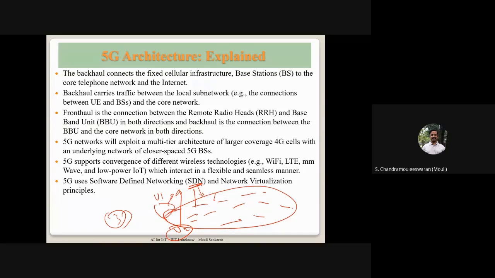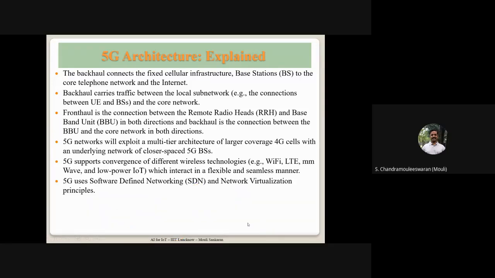You can cater for those services selectively. That is called software controlled networking, and network virtualization is giving a different feel of the network to different users. They will not see the same kind of network because a person who is paying less will get less service from the network. It is called quality of experience.